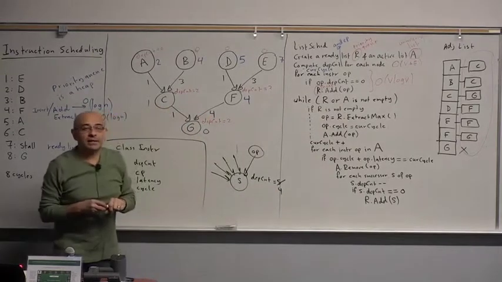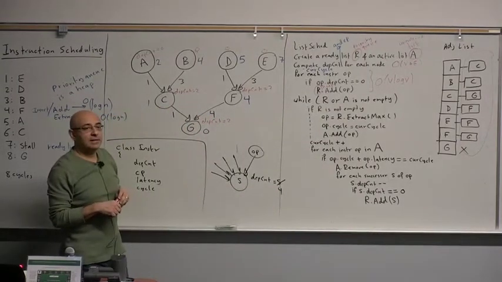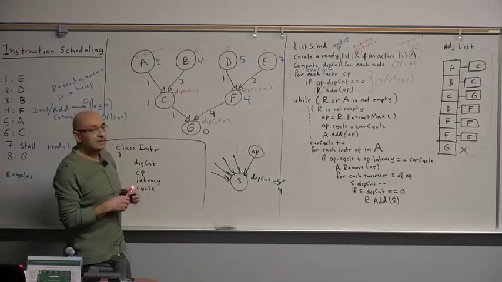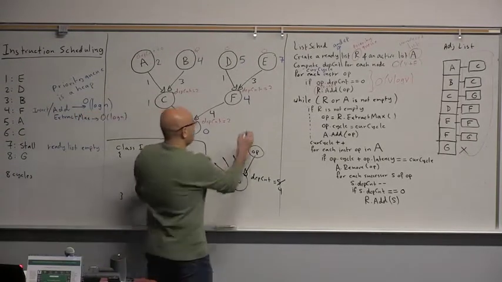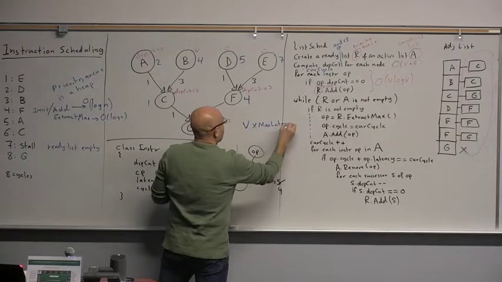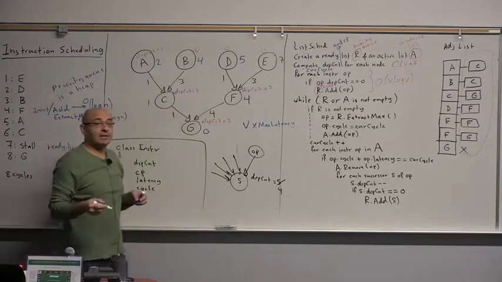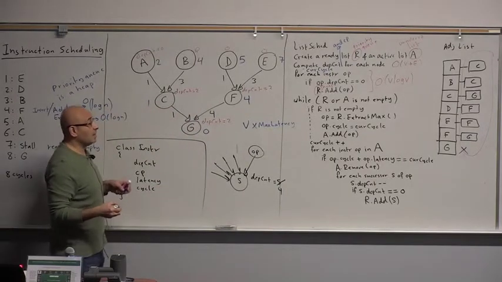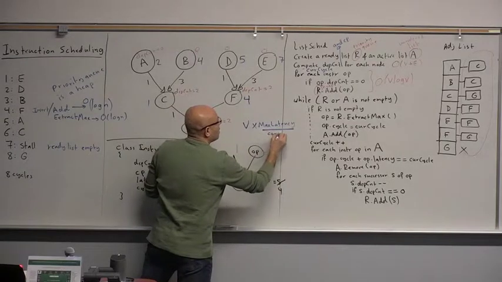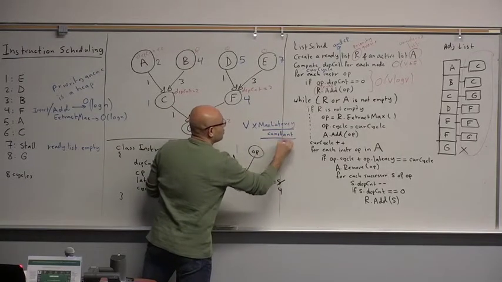But asymptotically, what will that be? If it's V times the maximum latency, what would that be asymptotically? It's still V, because the maximum latency is a constant. Let's make sure we understand why.